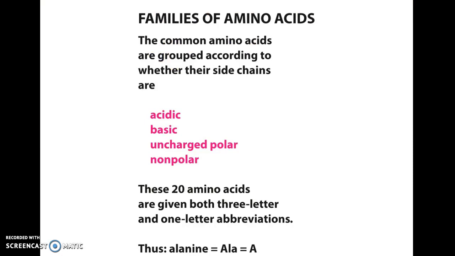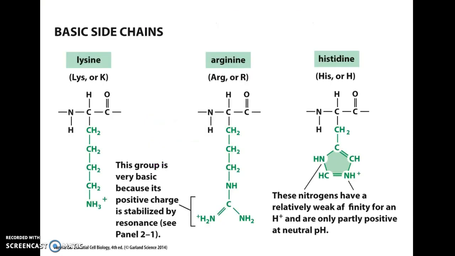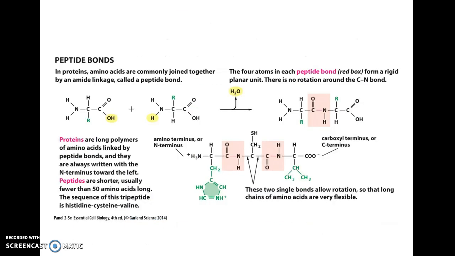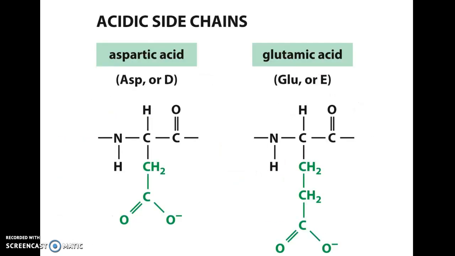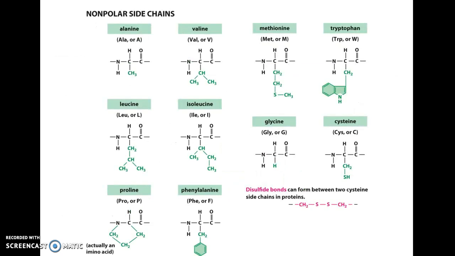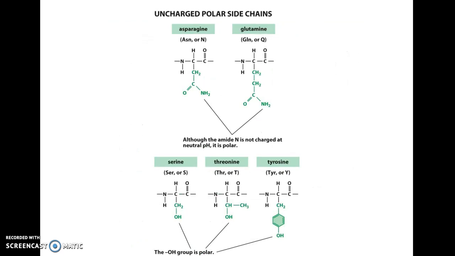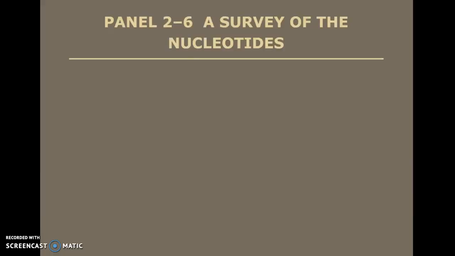Then there are amino acids. Like I said, they have different R groups on them. They could be basic, or acidic, non-polar, or polar uncharged, or polar charged, like the acidic and basic.